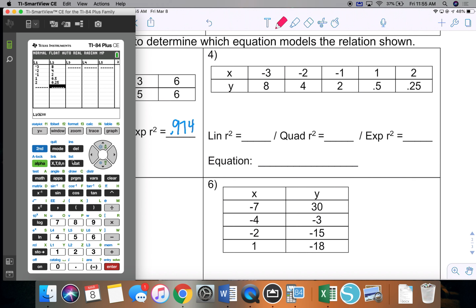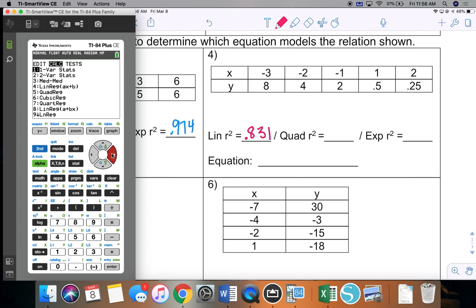So Stat Calc 4. My linear r squared, not r, but r squared, is 0.831. My quadratic is 0.988, so that's pretty close to 1.